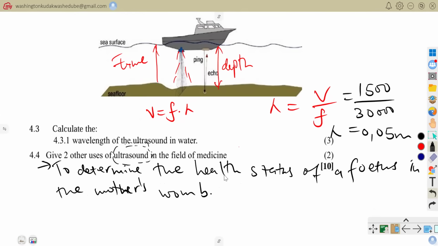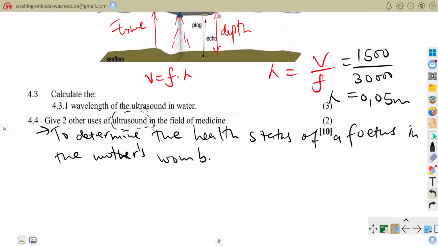That is to say, it will check the blood flow of that fetus. You can even use that ultrasound to check the gender. You can use it to monitor the fetus in the womb. So that is one of the uses of ultrasound in medicine.